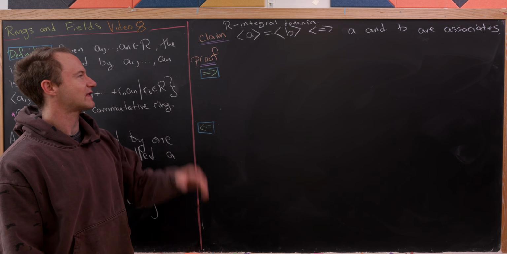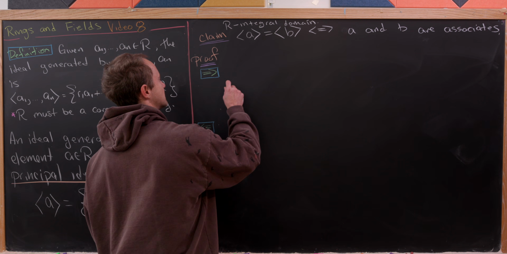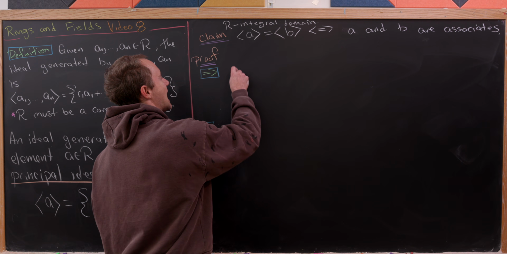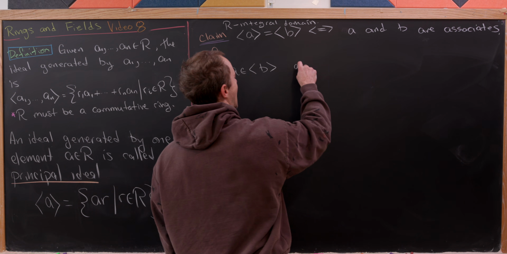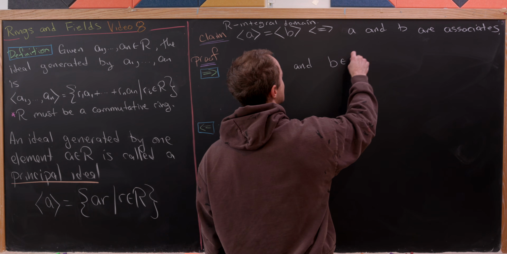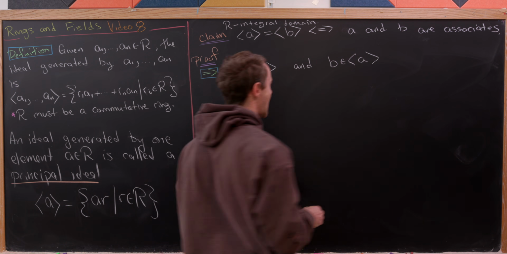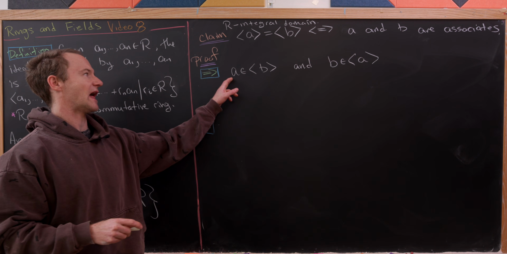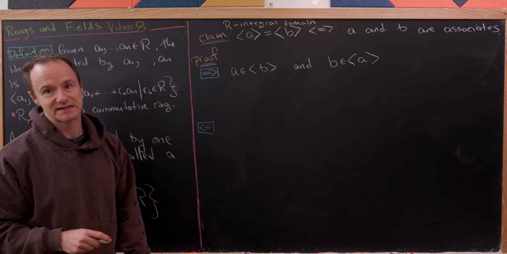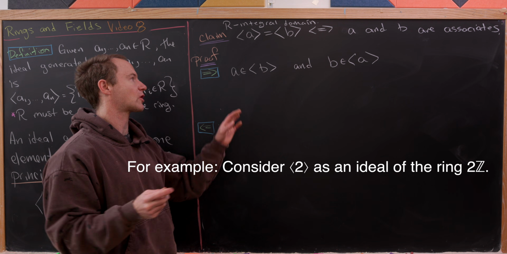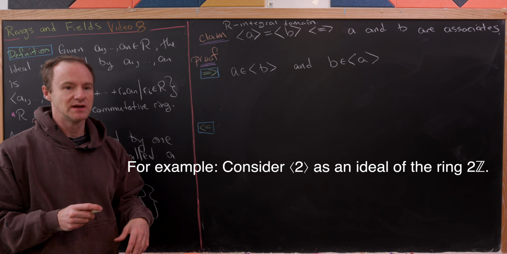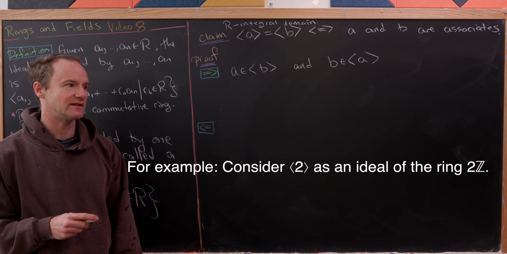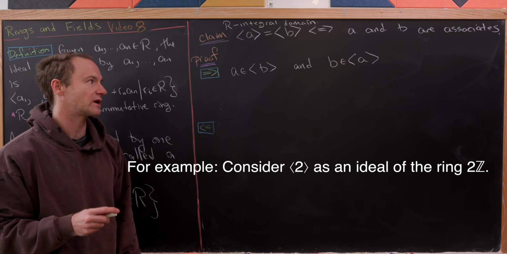Okay, so anyway, let's get going with this forward direction. So let's observe that A is an element of the ideal generated by B, and we know that B is an element of the ideal generated by A. Well, that's because A is in the ideal generated by itself. That actually subtly requires that R contain the identity element, but integral domains contain the multiplicative identity, so we're okay there.